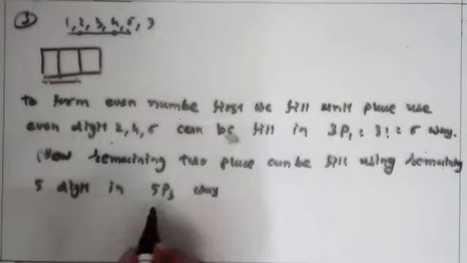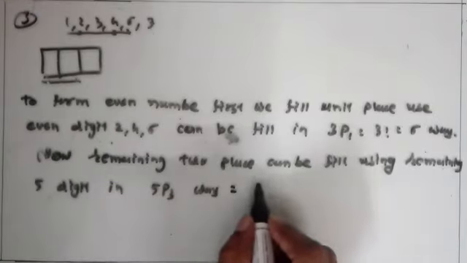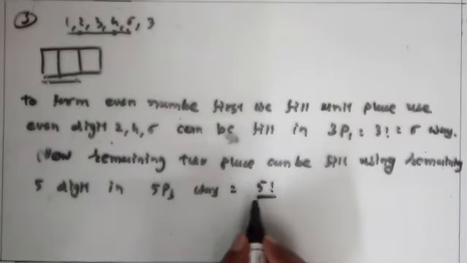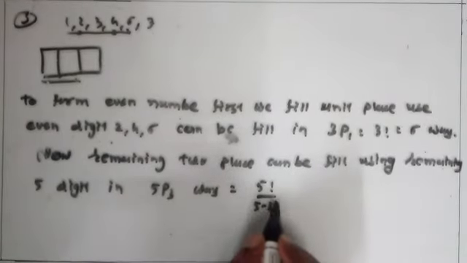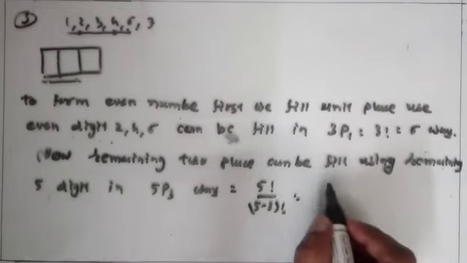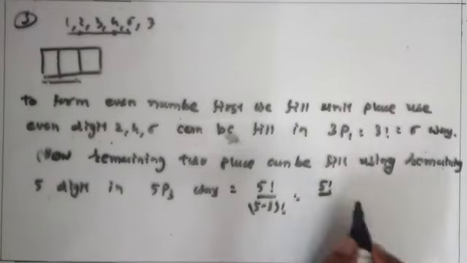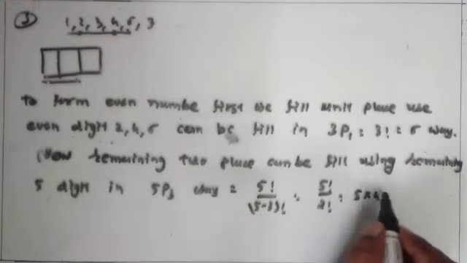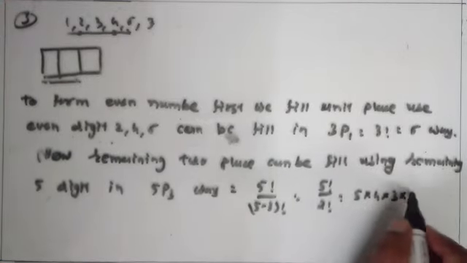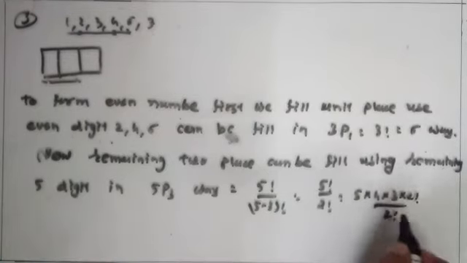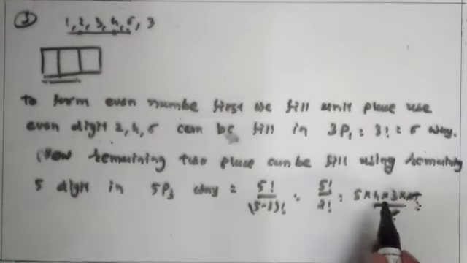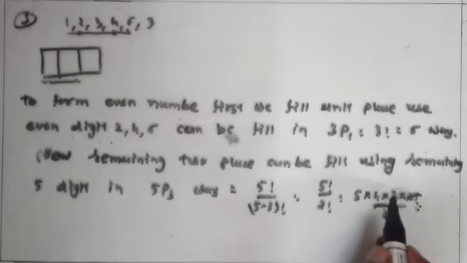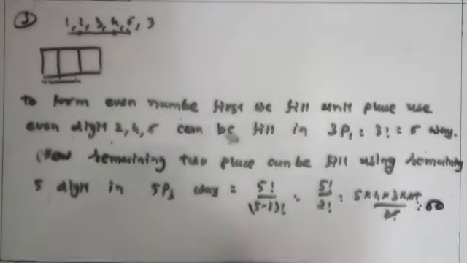So 5P3 is equal to 5 factorial upon 5 minus 3 factorial, which is 5 factorial upon 2 factorial, which is 5 into 4 into 3 into 2 factorial upon 2 factorial. So here 4 times 3 is 12, 12 times 5 is 60.